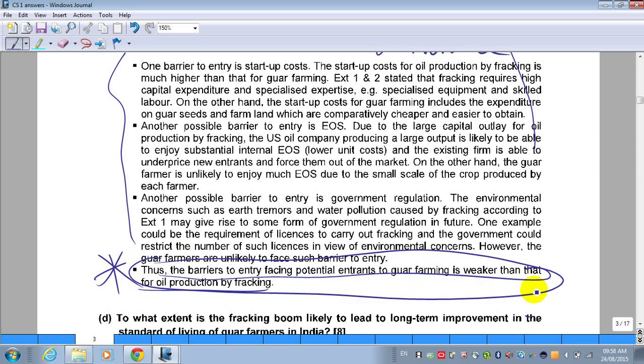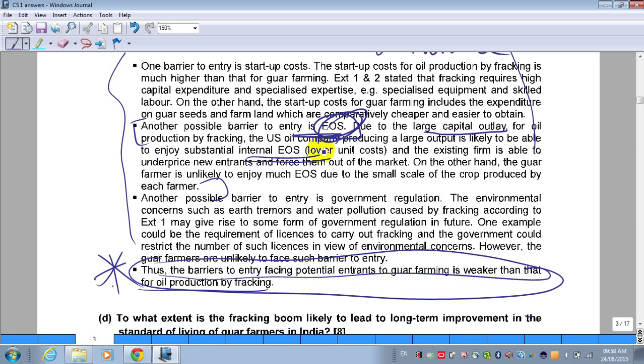Okay, so one reason it could be because of the EOS, right? Why do the companies interested in fracking face a high barrier to entry? It could be the EOS because of the large capital outlay. Very high startup costs, very expensive machinery that they need to buy, and therefore they reap a lot of internal EOS.